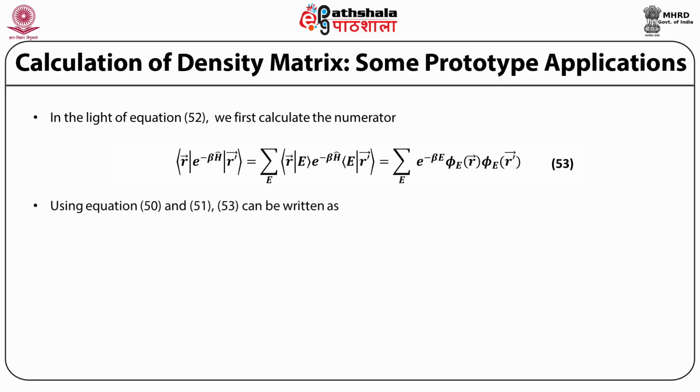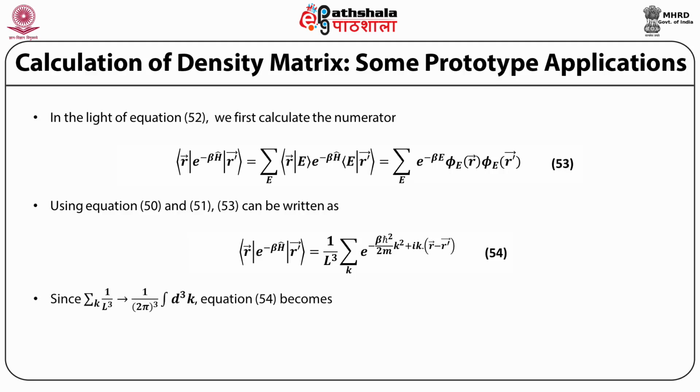Using equations 50 and 51, 53 can be written as equal to 1 upon L cube summation over k e raised to power minus beta h bar square upon 2m k square plus e raised to power i k dot r minus r dash.